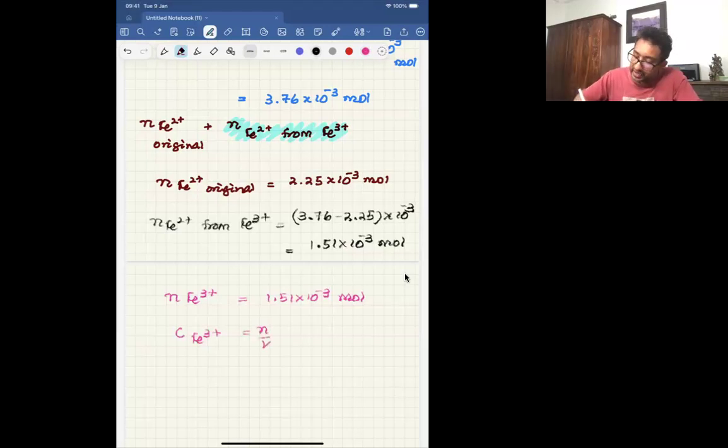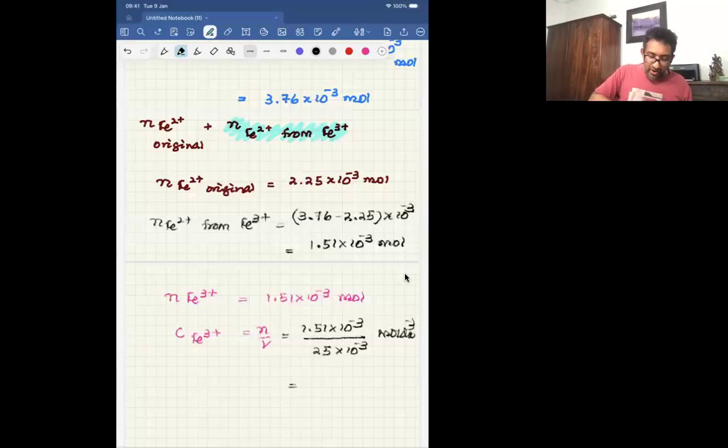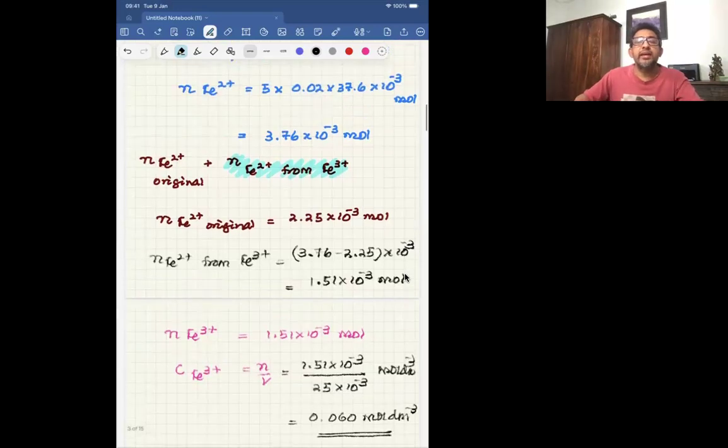Here, 1.51 times 10 to the power minus 3 divided by the volume, 25 times 10 to the power minus 3. So what is the value? 1.51 divided by 25 is the answer, 0.060 moles per cubic decimeter. Did you all understand that?